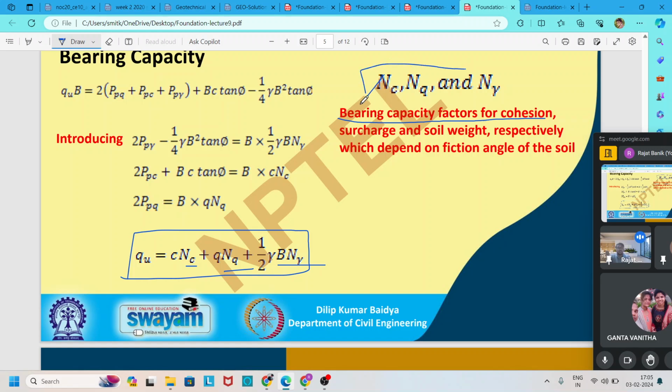Nc for cohesion, Nq for overburden pressure or surcharge, and N gamma for the weight of the soil. These factors are found based on the angle of internal resistance, that is phi. Based on different values of phi, we find out Nc, Nq, and N gamma.